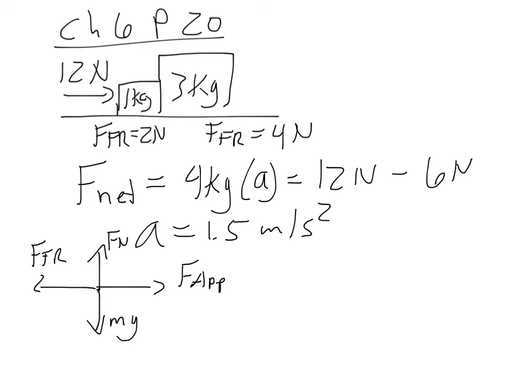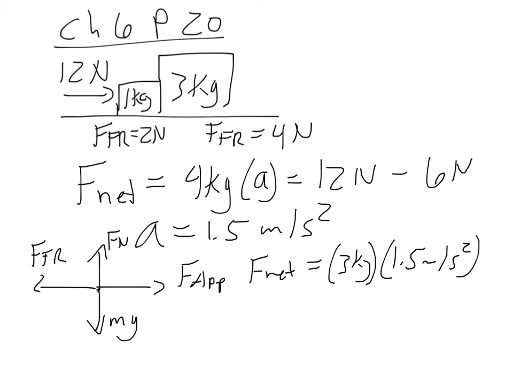Since we have the acceleration of the system, the 1.5 meters per second squared, that means we have the acceleration of the Wheaties box. That means that the net force on the Wheaties box is equal to the mass of the Wheaties box, 3 kilograms, multiplied by the acceleration, 1.5 meters per second squared.